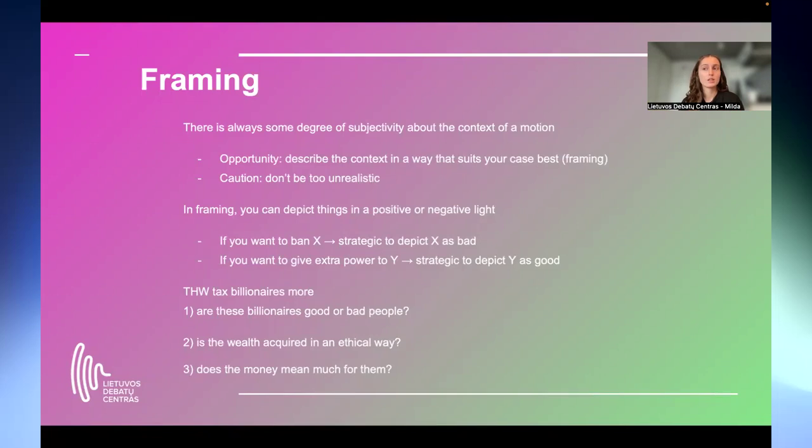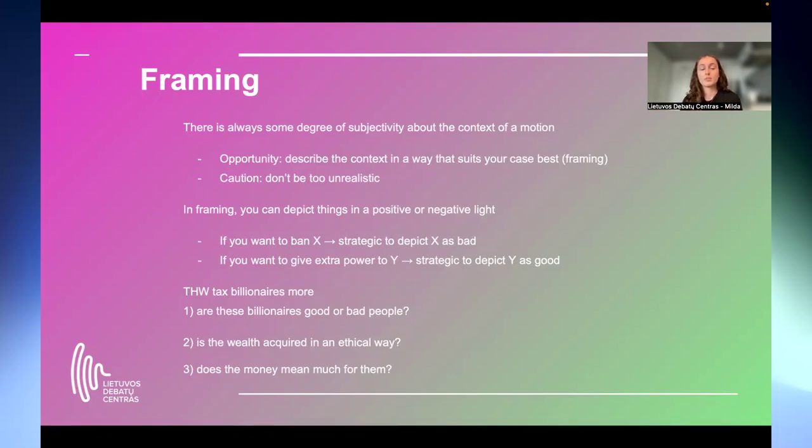I'm sure that depends on what side you're on. You would be able to describe them as good and bad. So use that to your advantage. You can think about, is their money acquired in an ethical way? How do billionaires usually become rich? What does that process look like?